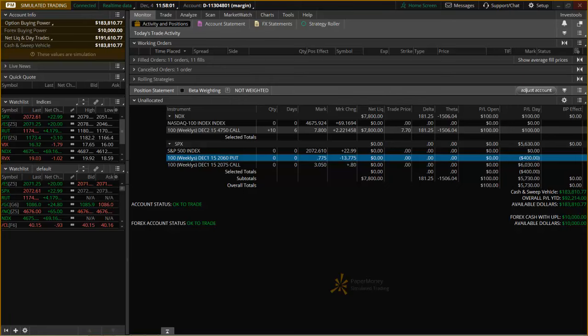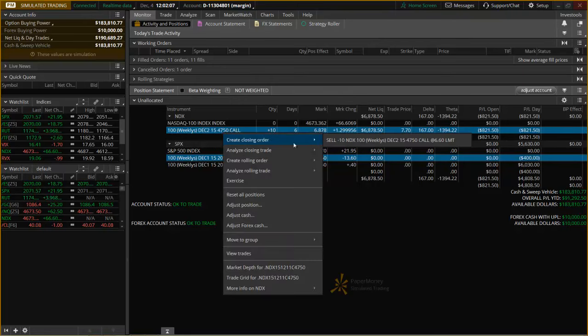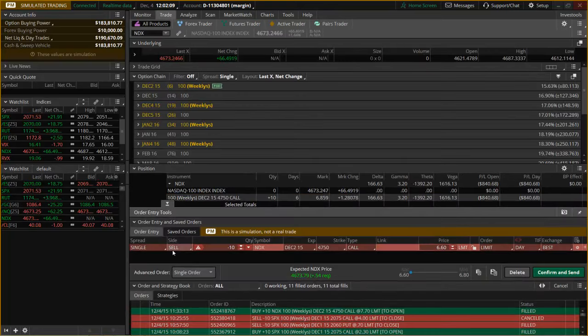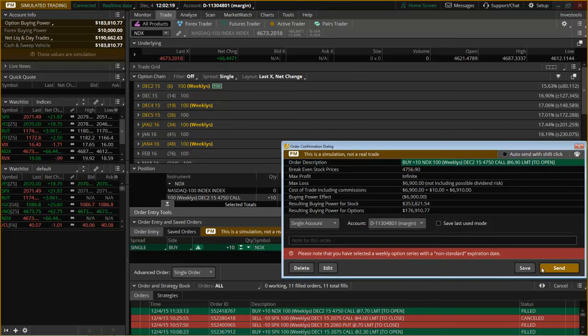Okay, at this point, even though it's gone down a little bit, the internals are still looking good on the NDX. So what I'm going to do is double down and keep it through the call. So now we have the mid price at 670. Basically we will be cost averaging down.